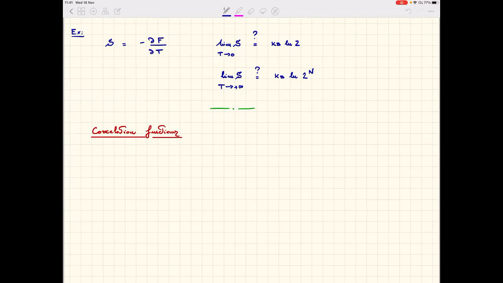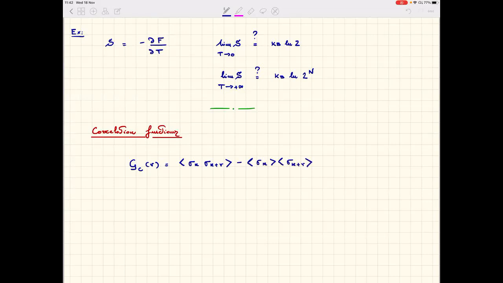All of this can be quantified by computing the correlation function G(R), where R is the distance between spins, which is equal to the average of sigma_k sigma_(k+R) minus the average of sigma_k times the average of sigma_(k+R).